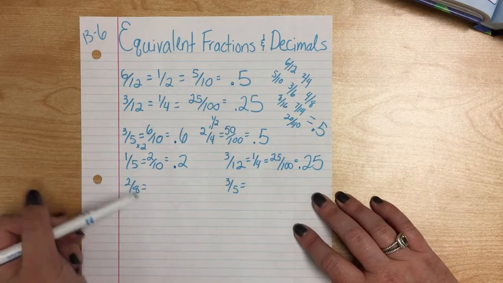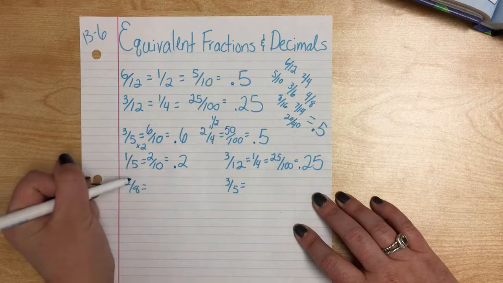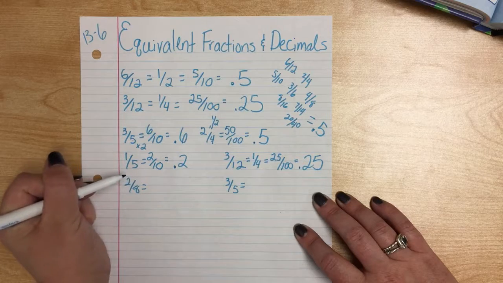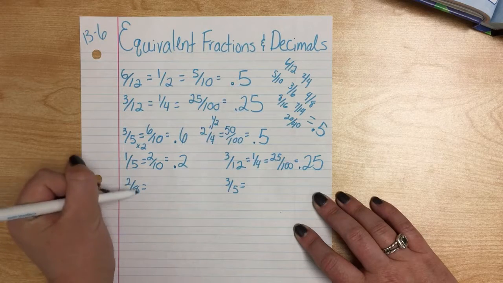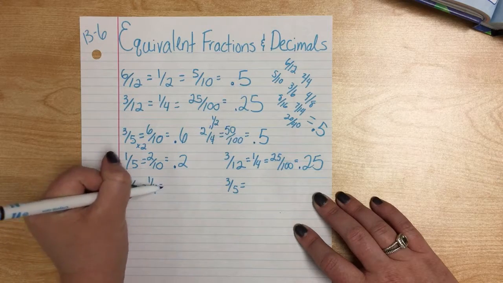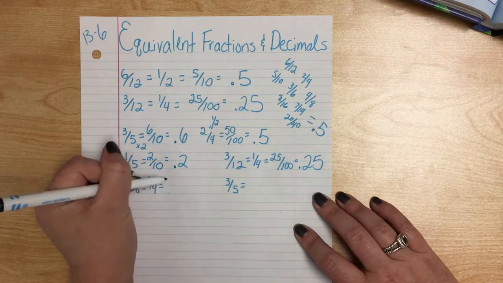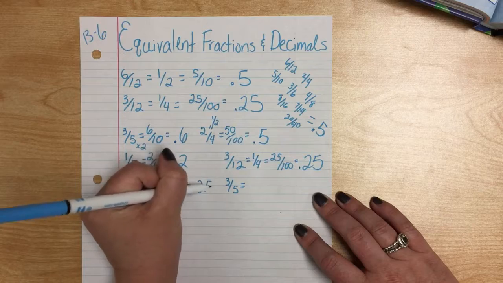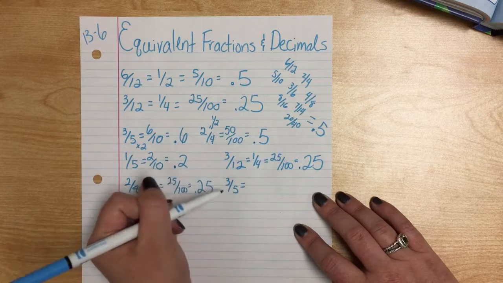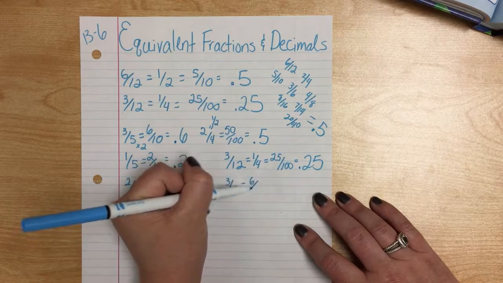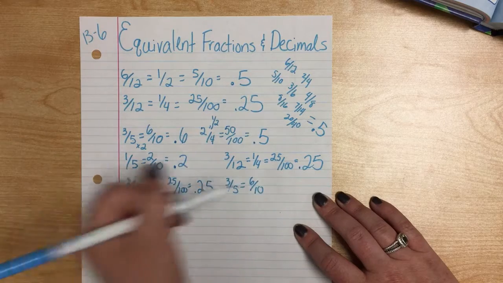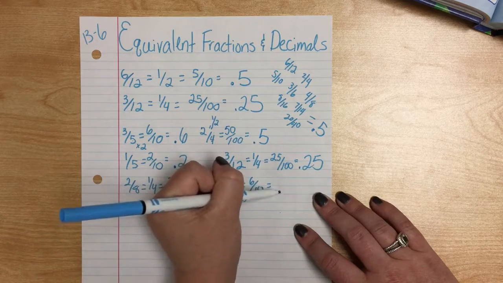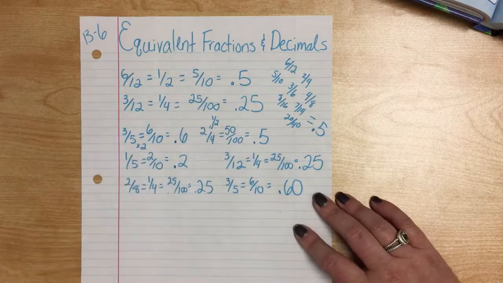Again, 2/8. What can I turn that into? That can also become 1/4, which then becomes 25 100ths, which then becomes 0.25. 3/5 will become 6/10, which then can become 0.6.